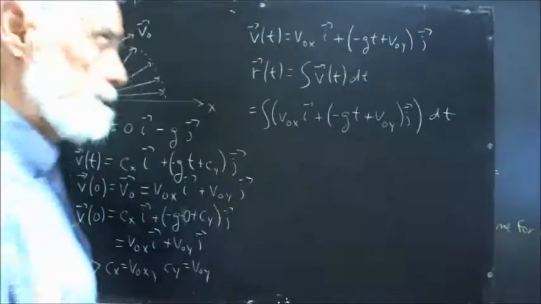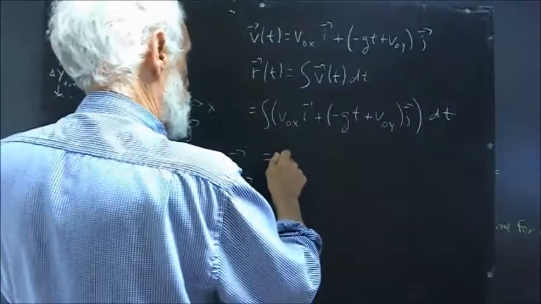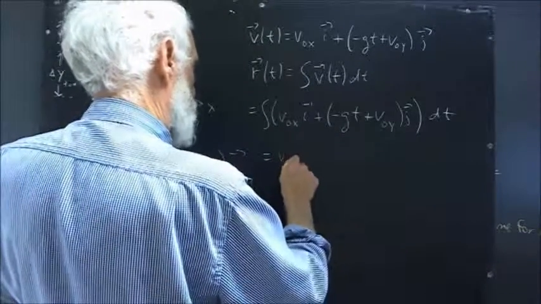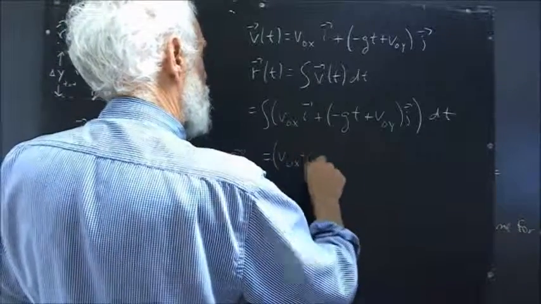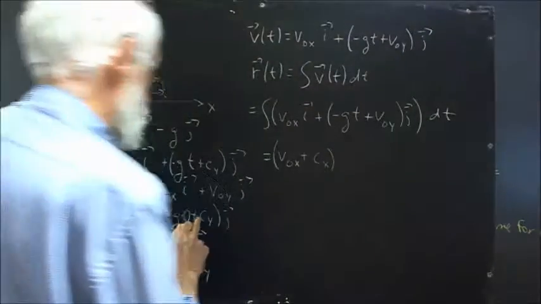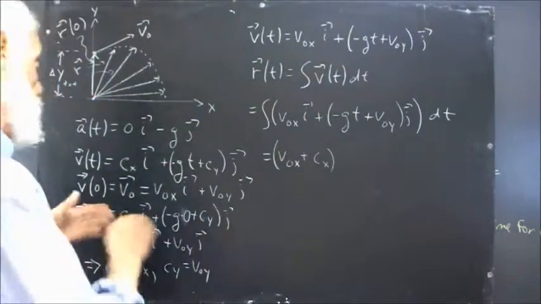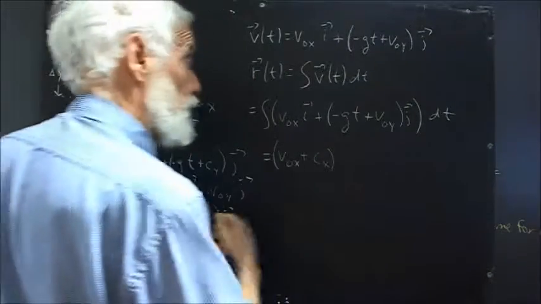And that's going to equal the integral of v0x i, which is v0x t times i, plus cx. I'll use cx again, not the same as the cx I used before, and the cy I'm going to use in a minute. Since we've already evaluated those, we can reuse the variable name.